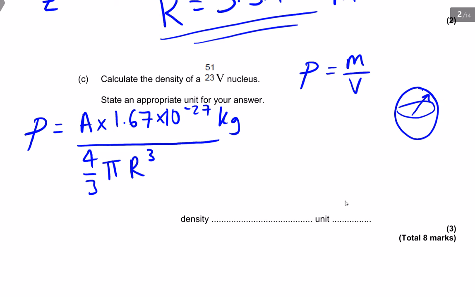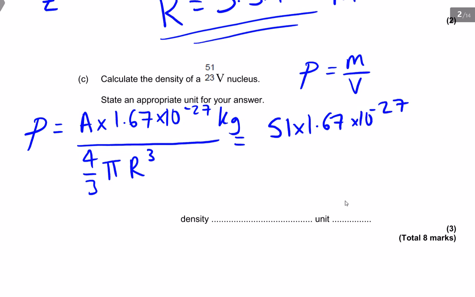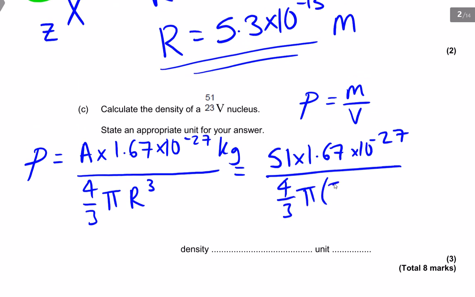So if we put that in, we should get out 51 times 1.67 times 10 to the minus 27 divided by 4/3 pi, times the radius from one answer above, remembering to account for any rounding errors, it's a minus 15, remembering to cube that as well.